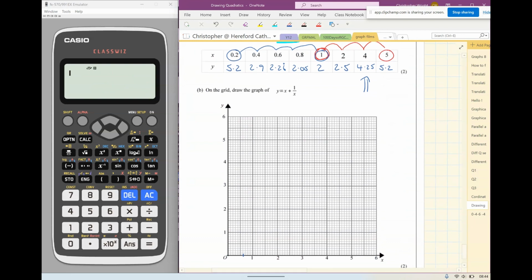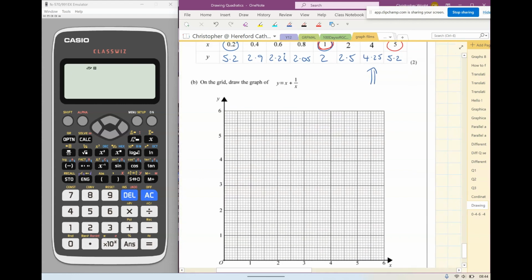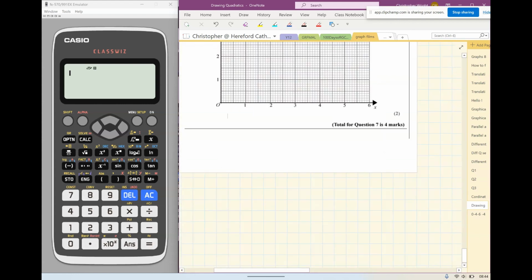Right, now let's have a careful look at our scales again, as usual. Now, I notice that I've got the same scale on the y-axis as I do on the x-axis. Well, that's a first. And I also notice that the scale isn't all that tricky because I've just got 10 squares for each unit. So each little square is 0.1. So that's helpful. Right, my first point is x is 0.2.